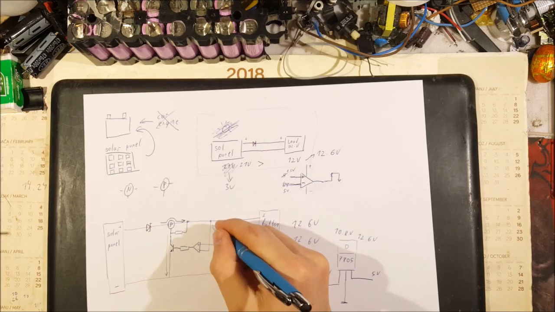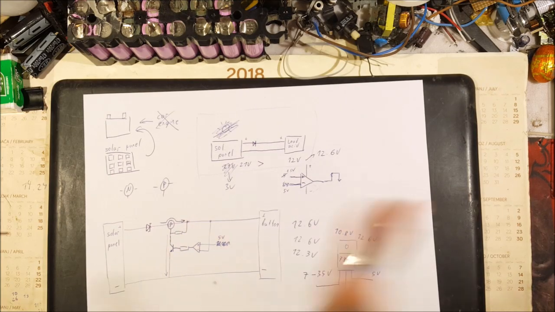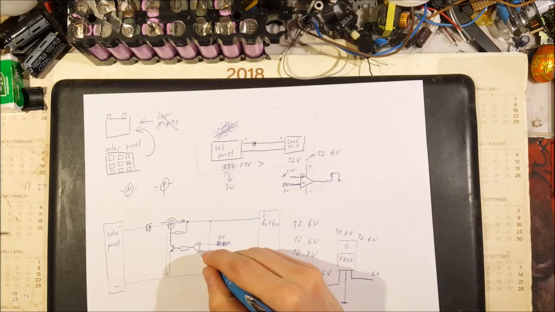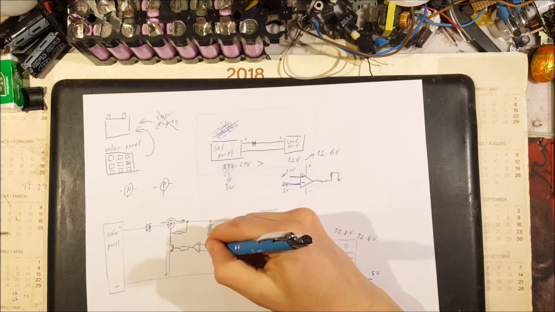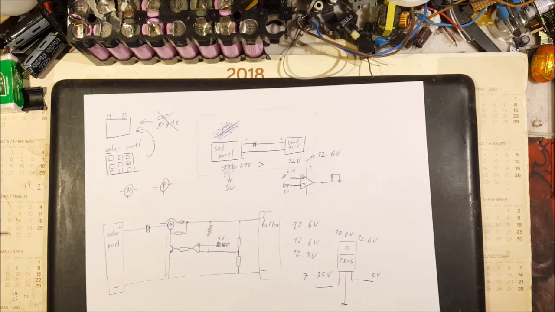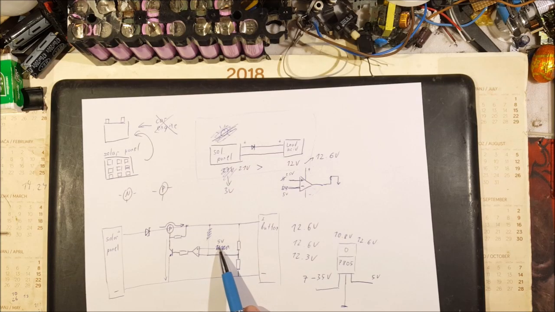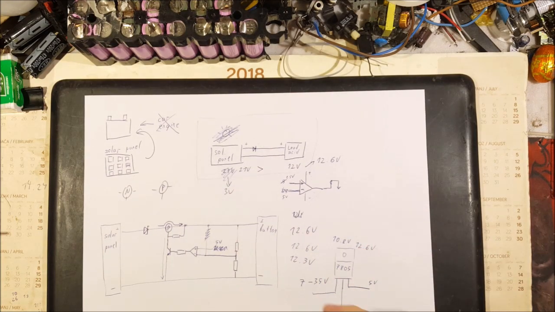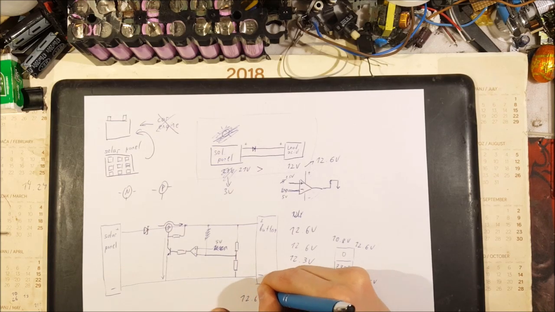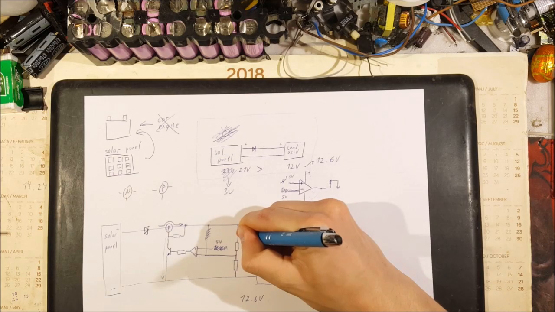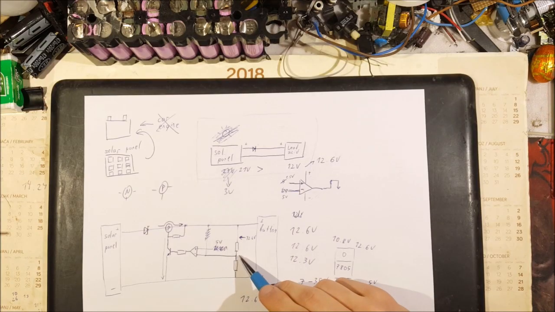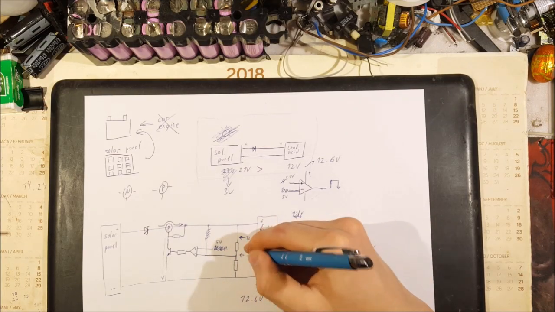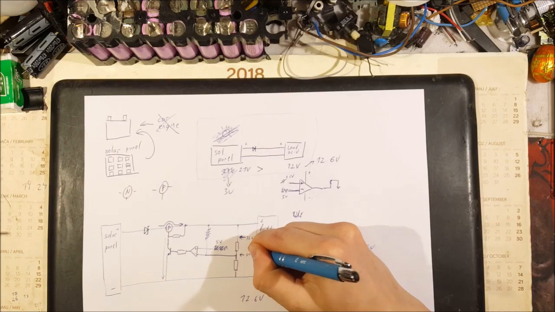So what we will do is we will not connect the negative input straight to the positive of our battery, and we will use a voltage divider. Since our reference voltage is 5 volts, if the maximum voltage we want the battery to reach is 12.6 volts, that means when the battery is at 12.6 volts, this divider gives 5 volts.